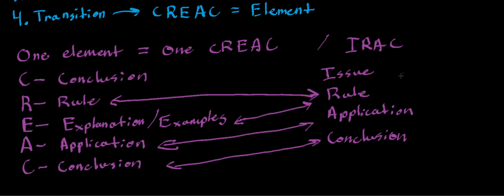But even if you use an IRAC, your rule would still want to include both the general rule and then the explanation and examples of the rule being applied. And so that leaves the only real difference being this conclusion, this initial conclusion with the issue. But these are also the same thing because a conclusion is just an answer to an issue. In other words, a conclusion statement is just the answer to the issue statement written as a complete sentence.